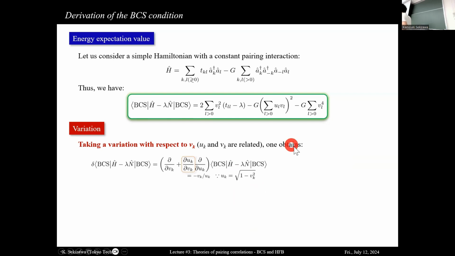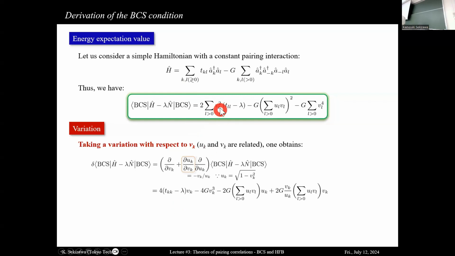This is a square root, so it will be to the power of minus 1/2, and this derivative for this minus VK square generates this factor here. Then you can put this expectation value into the right hand side and take these variation derivatives as written here. And then you can easily do it.